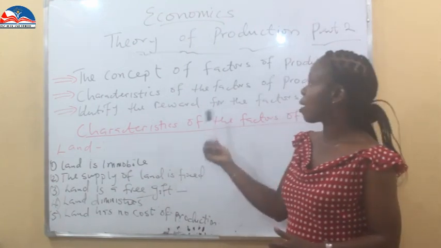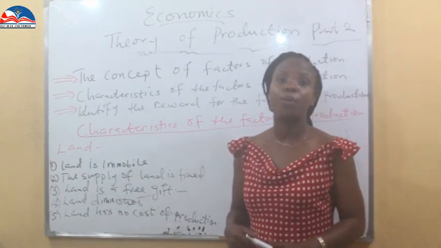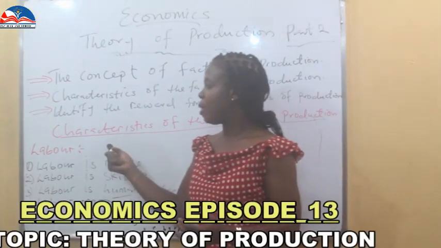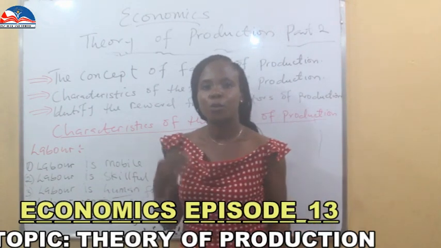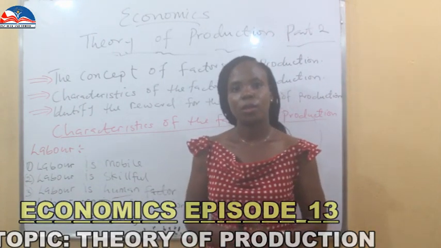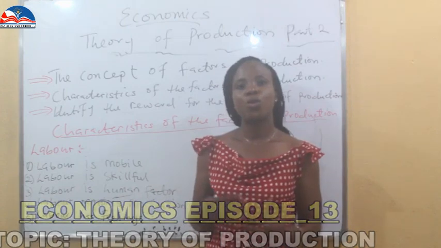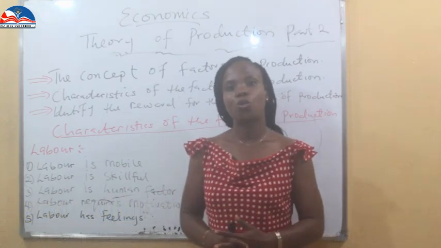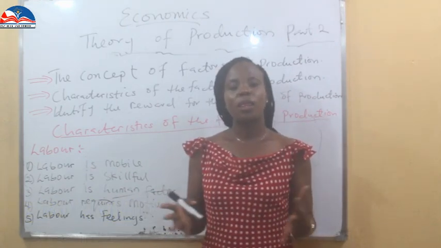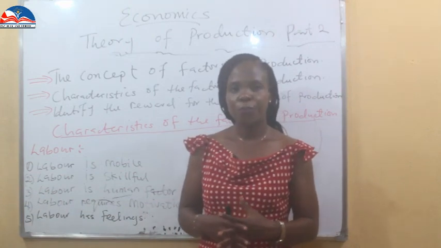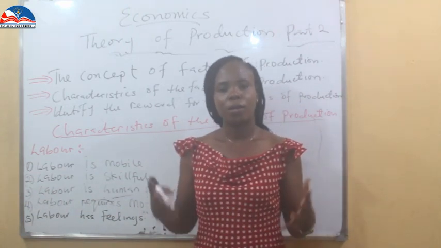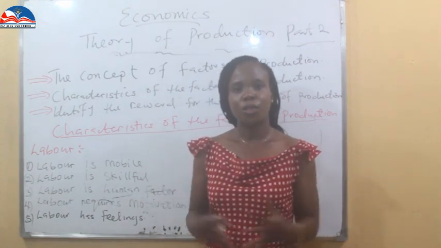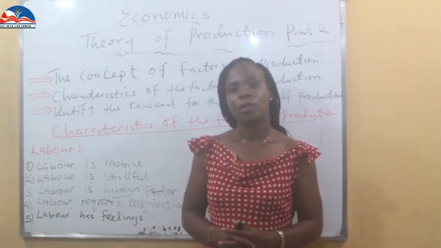Now let's see the second factor, which is labor. Labor is human effort put into production. Labor has to do with human skills put into production, and these skills can be unskilled, kind of skill, and professional skills.